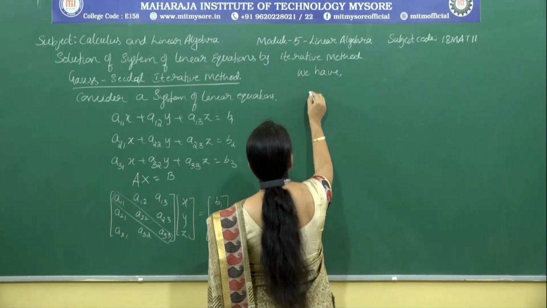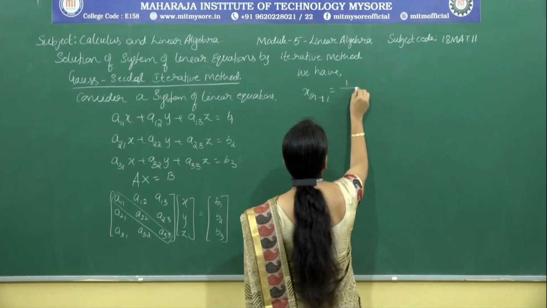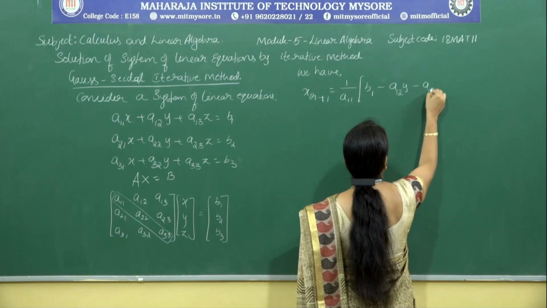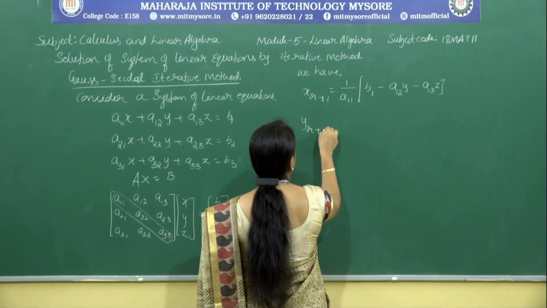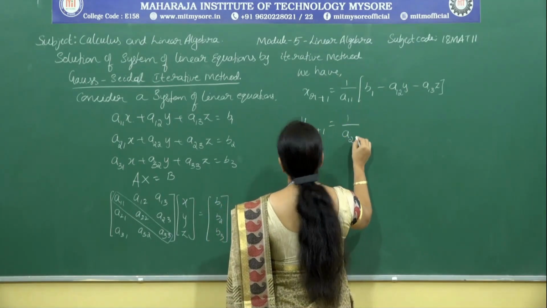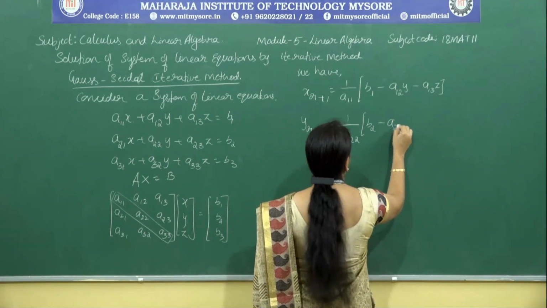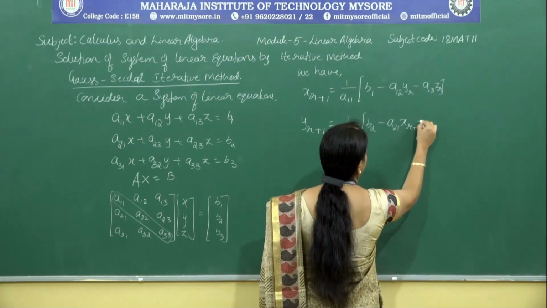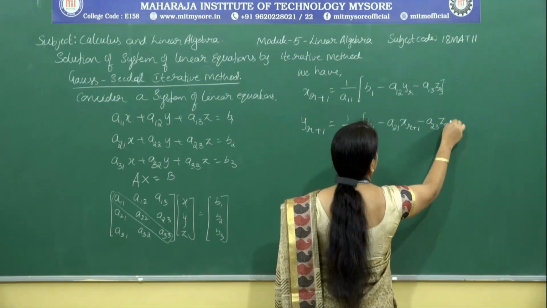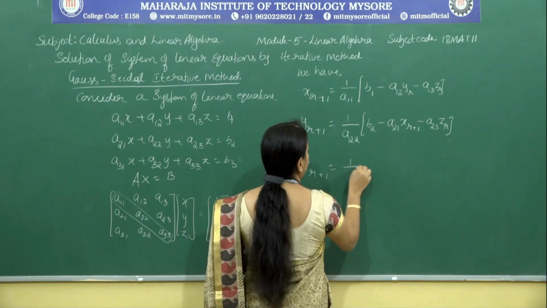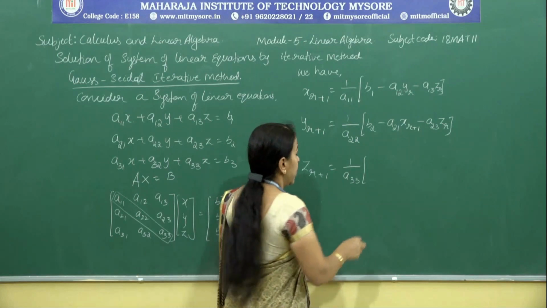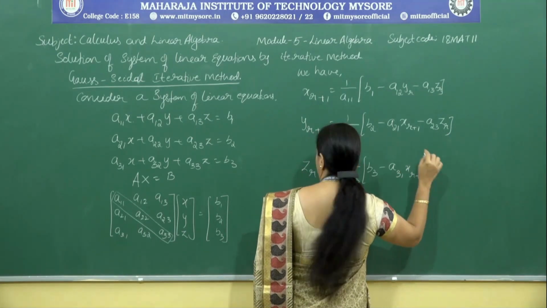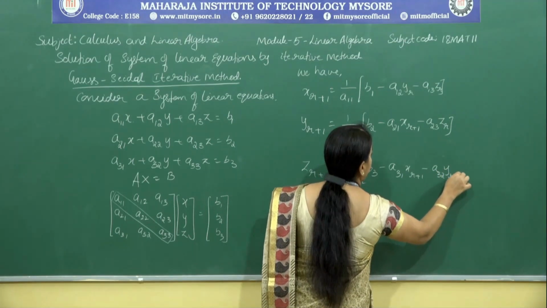The formula is x(r+1) equal to 1 by a11 into b1 minus a12 y(r) minus a13 z(r), and y(r+1) is given by 1 by a22 into b2 minus a21 x(r+1) minus a23 z(r), and z(r+1) is given by 1 by a33, the diagonal dominant element, into b3 minus a31 x(r+1) minus a32 y(r+1).